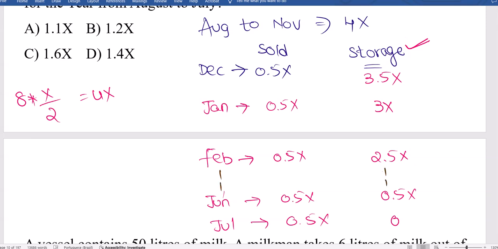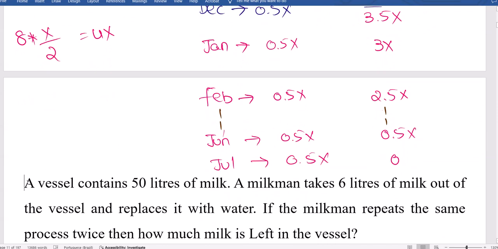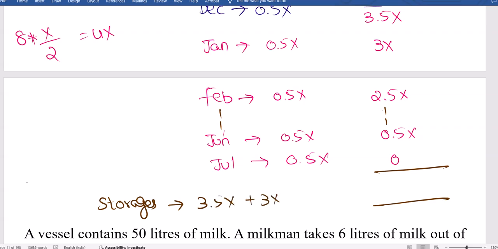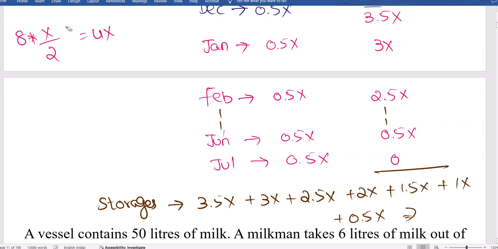Okay. Now, what is storage? Then we'll go for the charge for that. What is the total storage? First is 3x, then it will be 2.5x, then 2x, then 1.5, then 1, then 0.5, then it becomes 0. So adding all of this, how much?